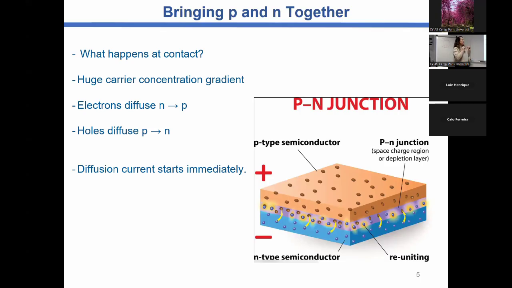The holes will also diffuse from the P type to the N type, in different directions. For instance, the electrons come this way and the holes come this way. There is one region between them that we call the space charge region, or depletion layer.